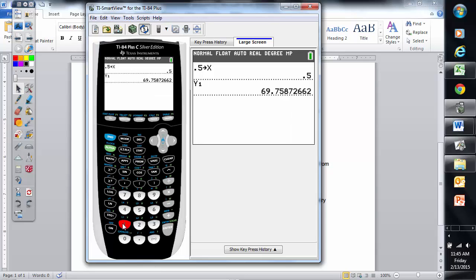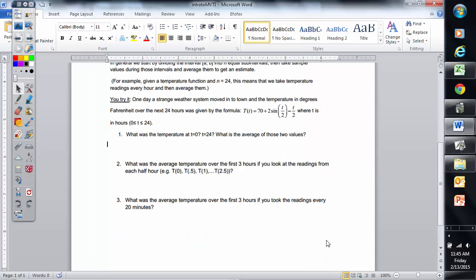And then I'm going to go 1, STO, x, enter, alpha trace to get y1, enter. Then it gives you all the values. So I need you to do that for all the values up to 3 hours. You should end up with, I believe, 7 readings: 1, 2, 3, 4, 5, 6, 7 readings. And then you're going to divide your answer by 7. What's going to happen is you're going to get 69.276.